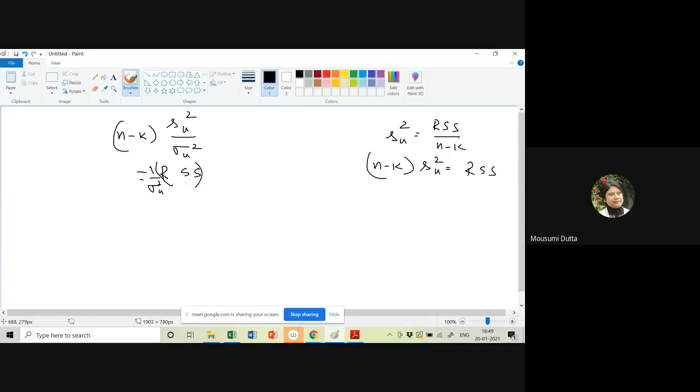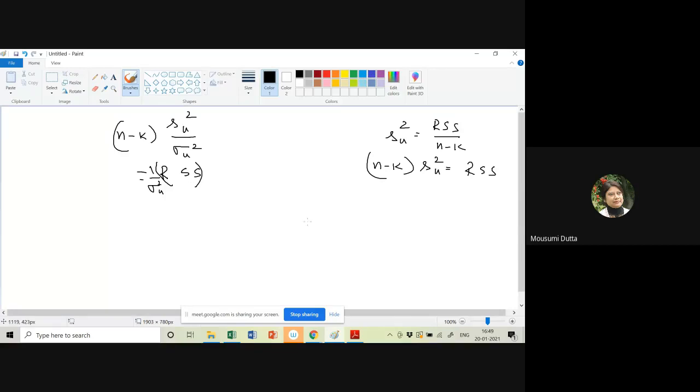Now, chi-square is the sum of squares of standard normal deviates. When we consider the residual sum of squares, you get a sum of squares by the very definition, and all of the residuals will be standardized if you divide by sigma u square.